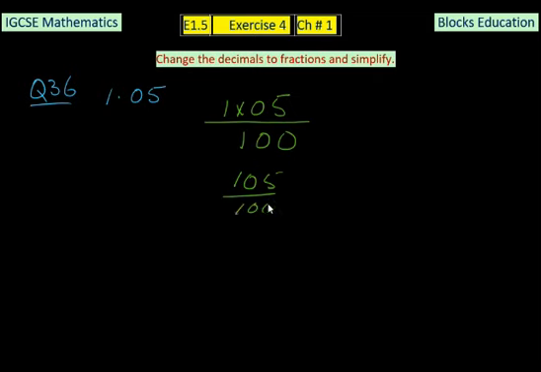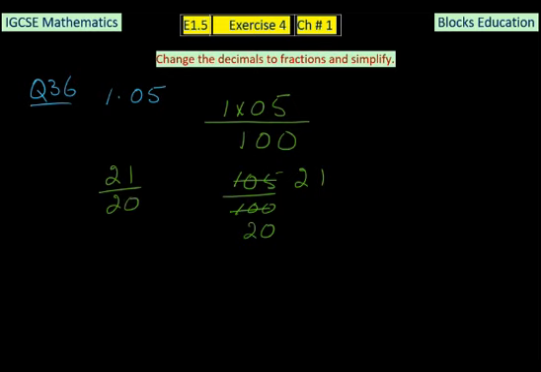105/100. Now we can simplify, and of course these two numbers can be divided by 5. So 5 21s are 105, and here 5 20s are 100. So we have 21 and 20, which cannot be simplified further. So the answer in fraction form is 21/20.